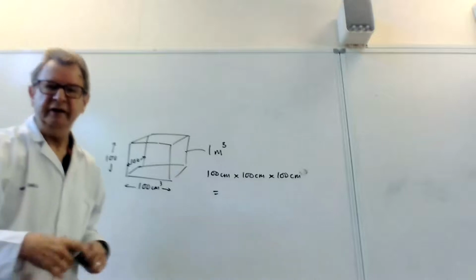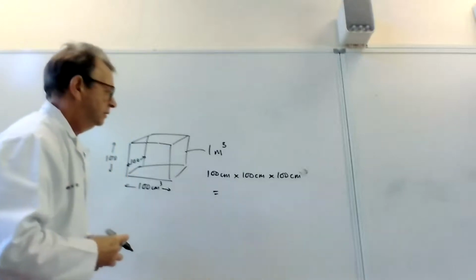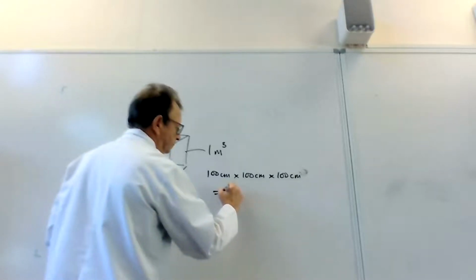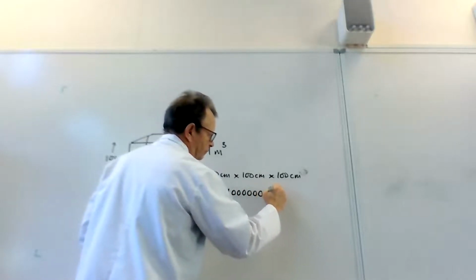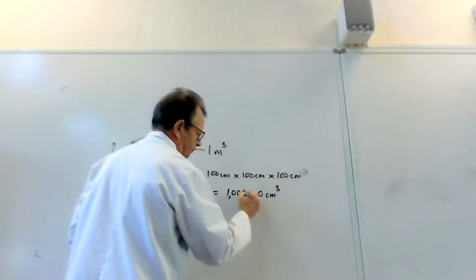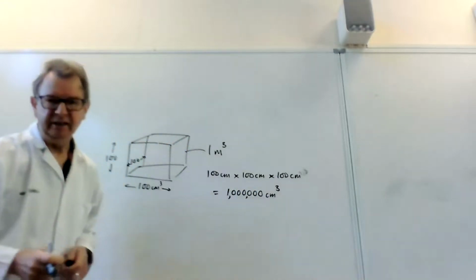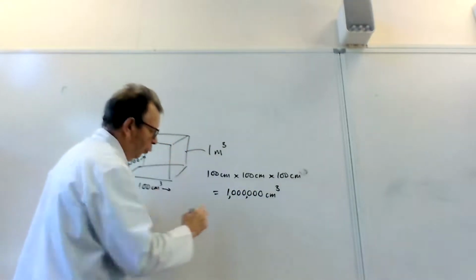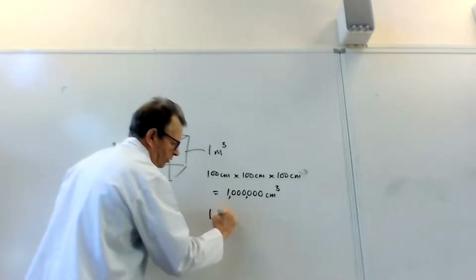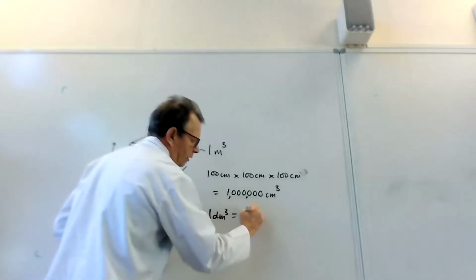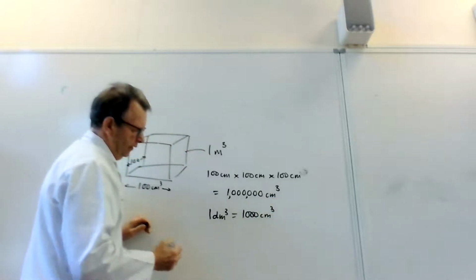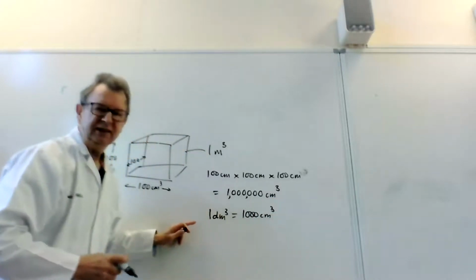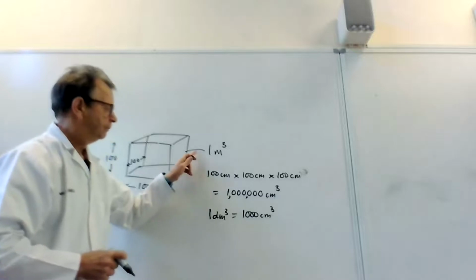Ah, okay, 100 times 100 times 100. That looks a lot like a million. Now, if 1 dm cubed is 1,000 cubic centimeters, then just think how many cubic decimeters there must be in a cubic meter.